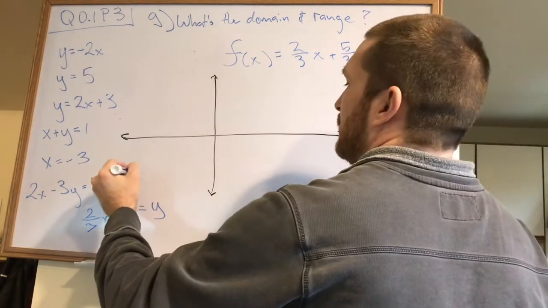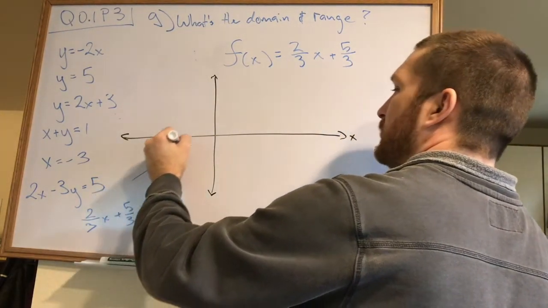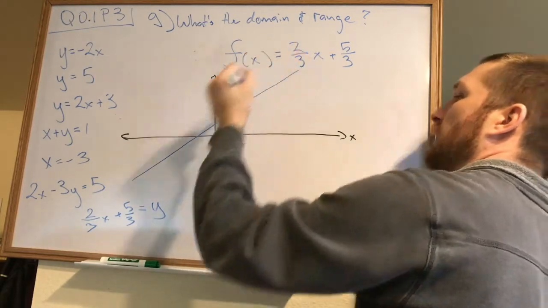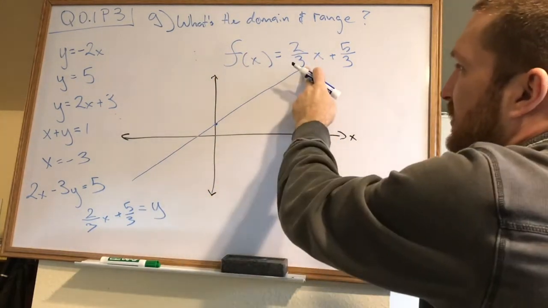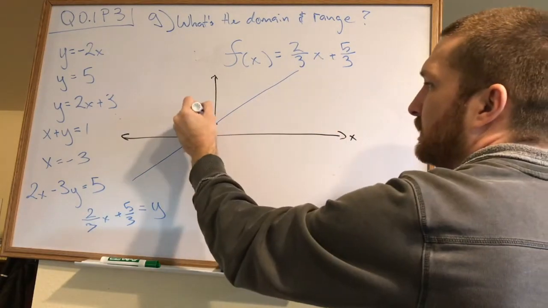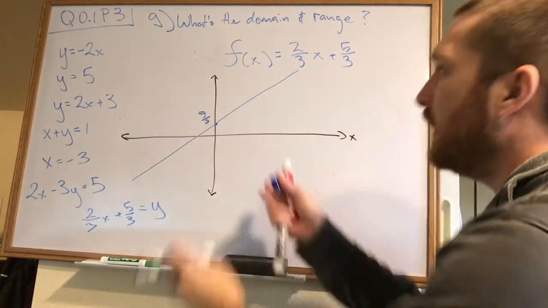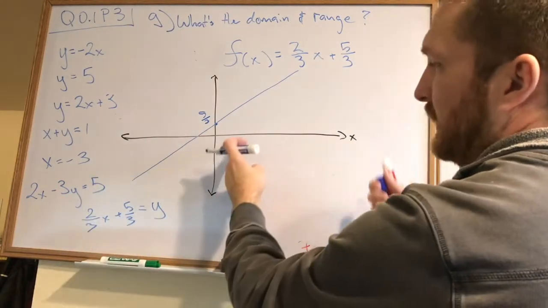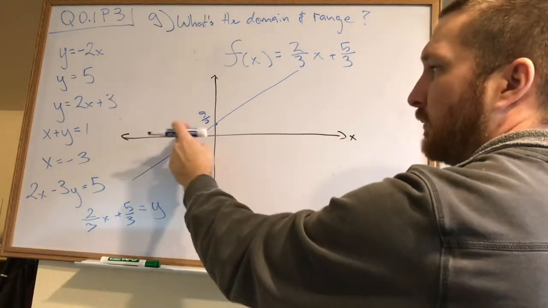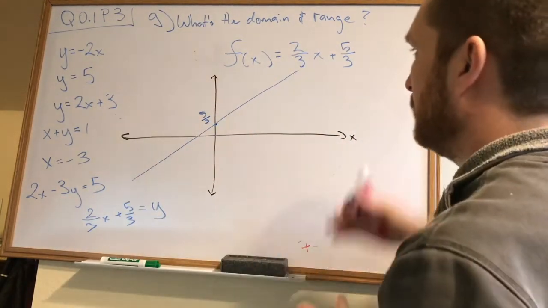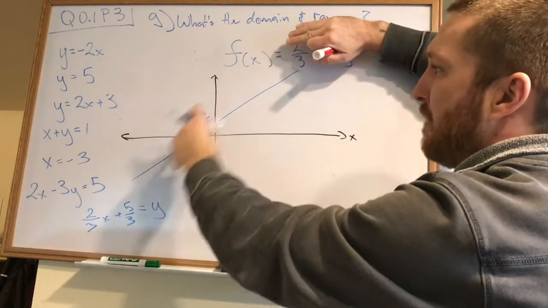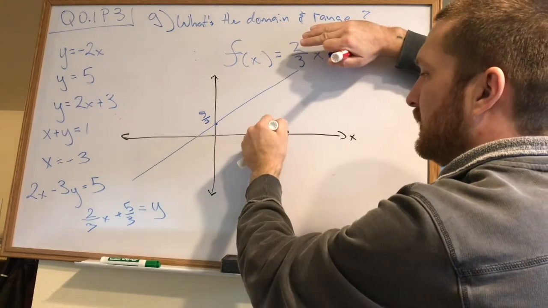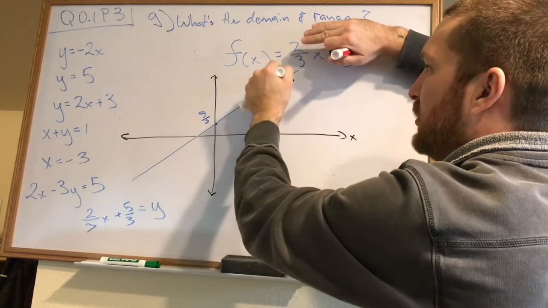And we could say then the domain should be all real numbers. We could also look at it like this once we graph it and say, okay, positive slope goes through here at 5/3. And so, yeah, any input has a corresponding output. This rule is like a map that tells me if your input is here, then your output is there.